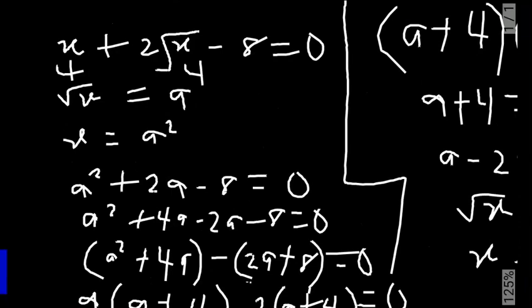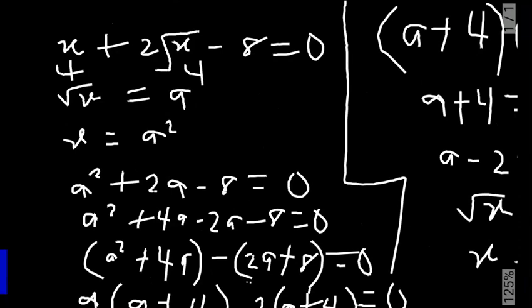Root 4 is 2, so we have 4 plus 2 multiplied by 2 minus 8. So that is 4 plus 4 minus 8 equal to 0. We have 8 minus 8 equal to 0, which is correct.